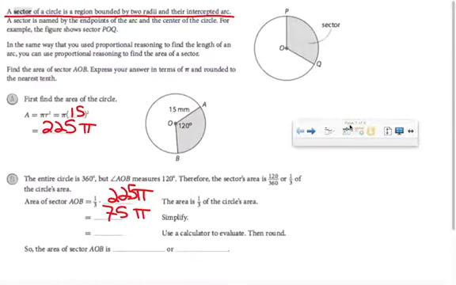To 235.5. So the area of sector AOB is 75 pi, or 235.5 square millimeters.